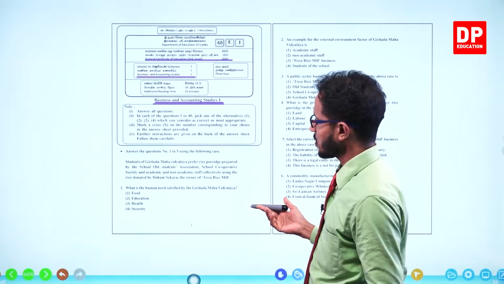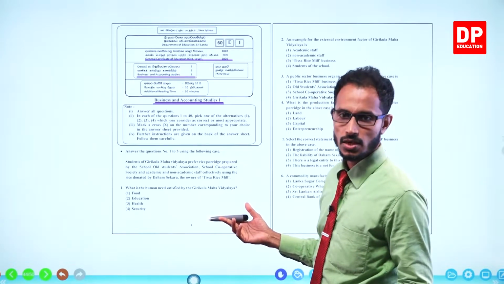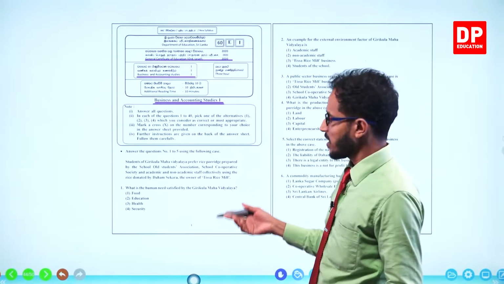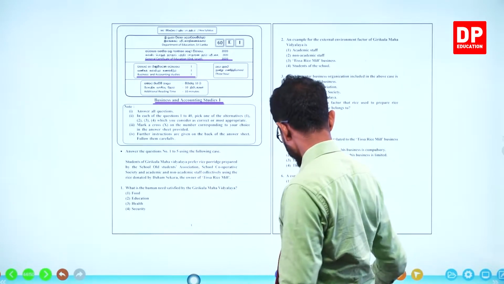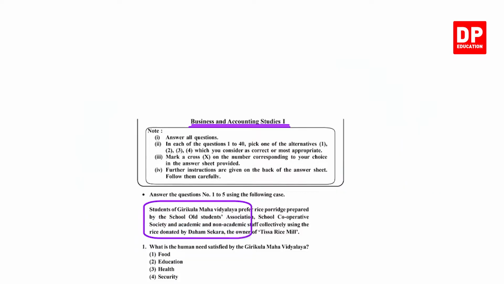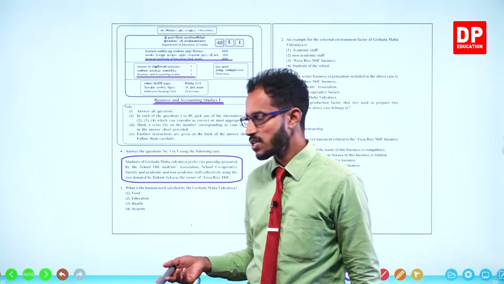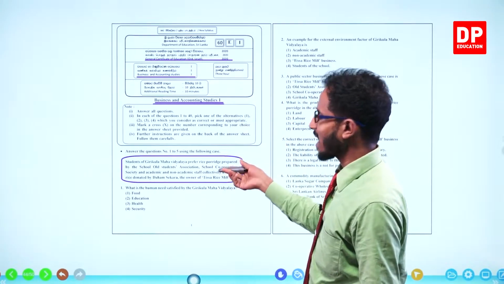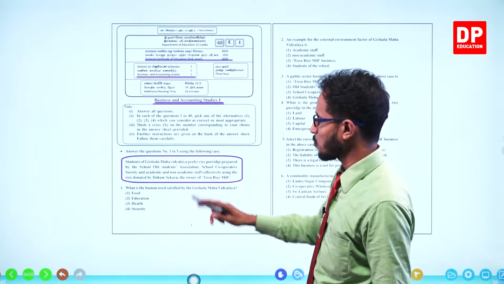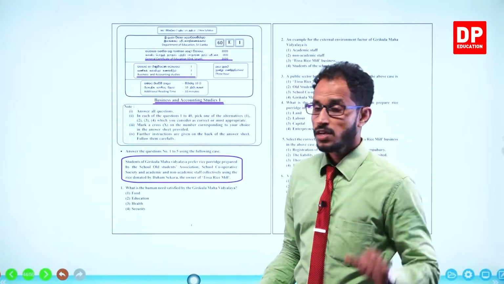The first question up to the fifth one, question number 1 to 5, is based on this case. This case is given right at the beginning of the paper, a very small paragraph with 4 or 5 sentences. Based upon that story, that case, you have to answer the first 5 questions.